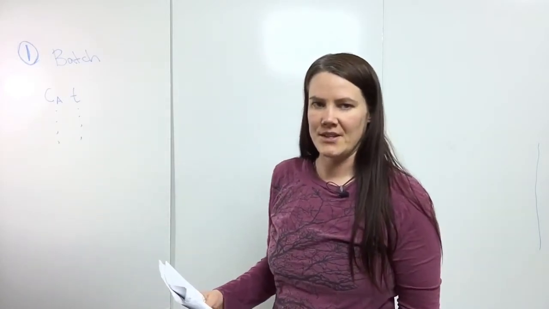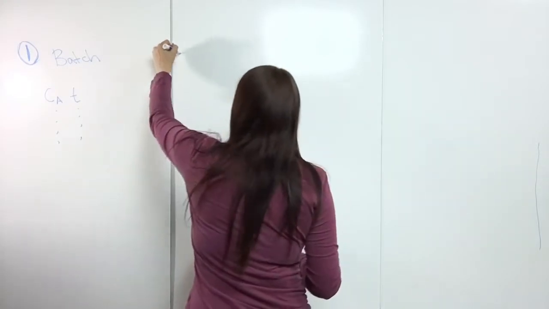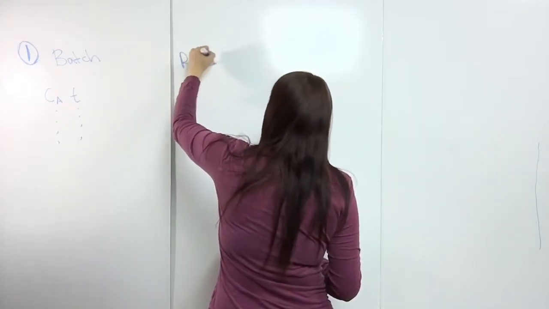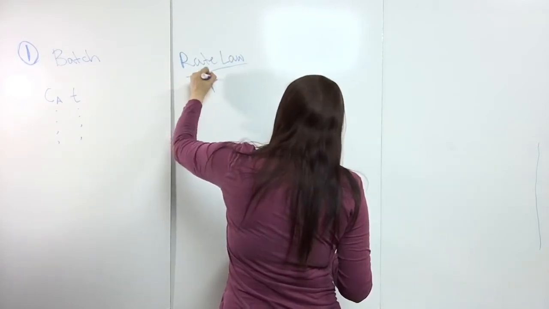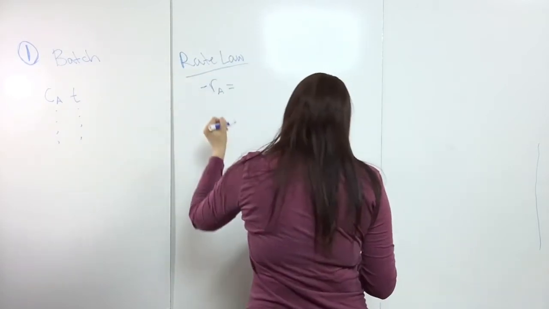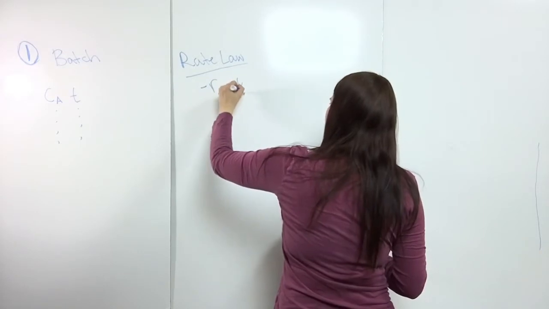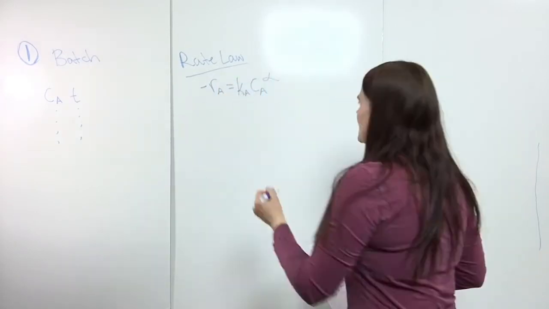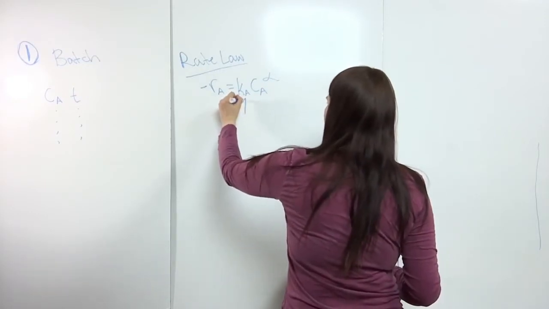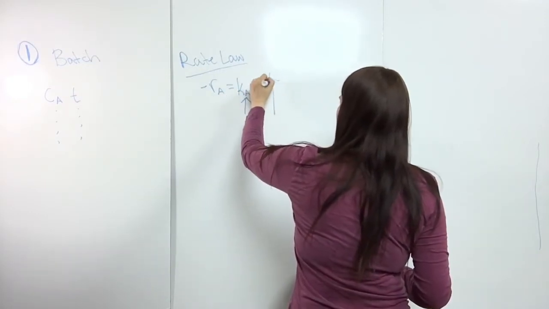So I'm going to write down the equation for a rate law, and that would be minus Ra is equal to Ka Ca to the alpha. What we're looking for is this Ka and alpha.